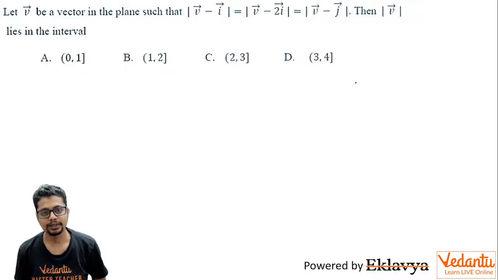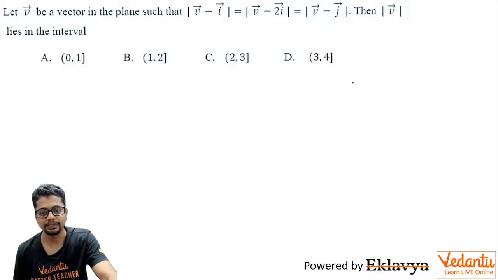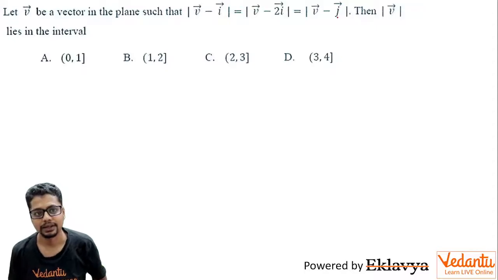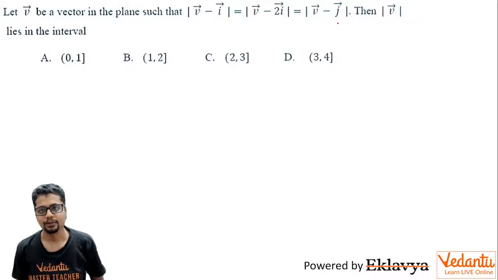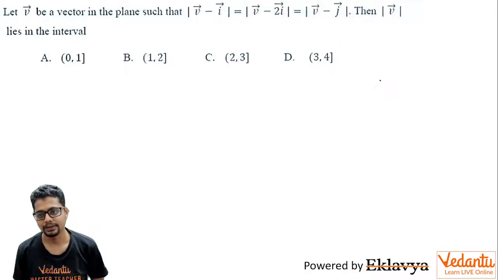So you may see v vector as a position vector of certain point, let's say P. And similarly i vector, 2i vector, j vector, you may respectively see as again representing certain points, position vectors.